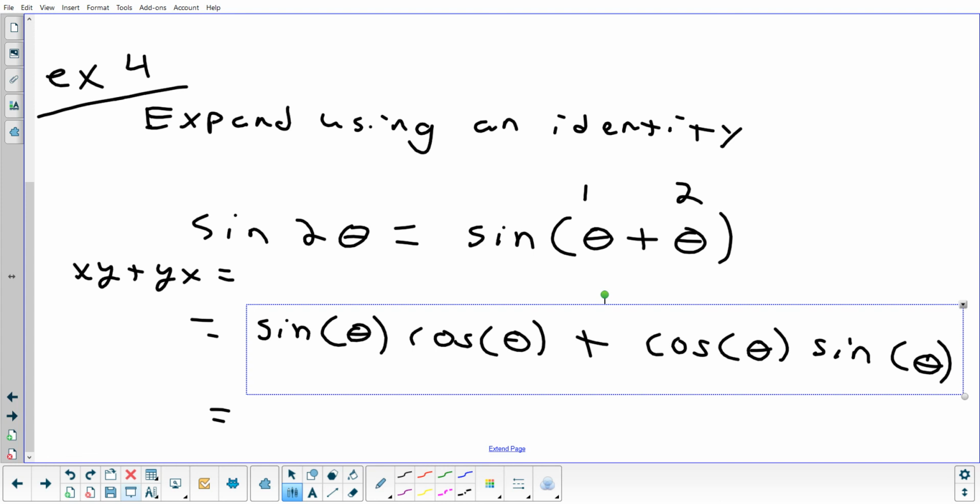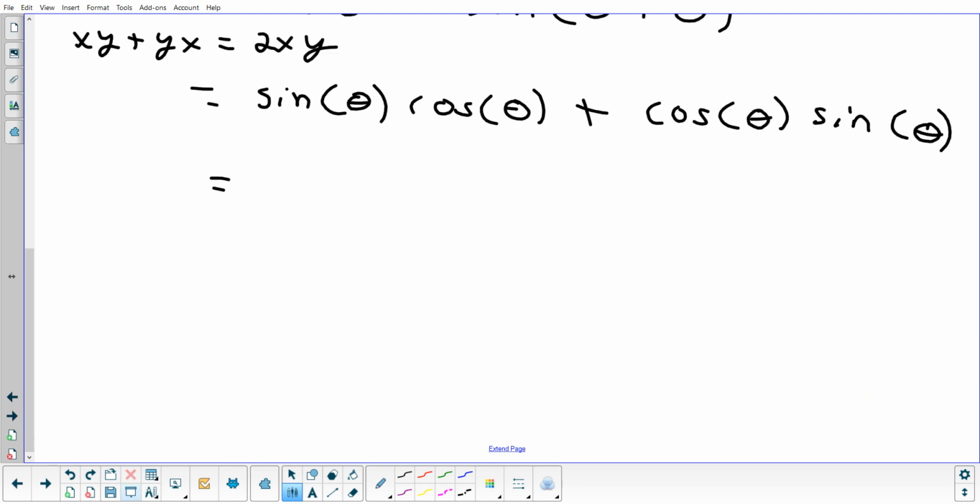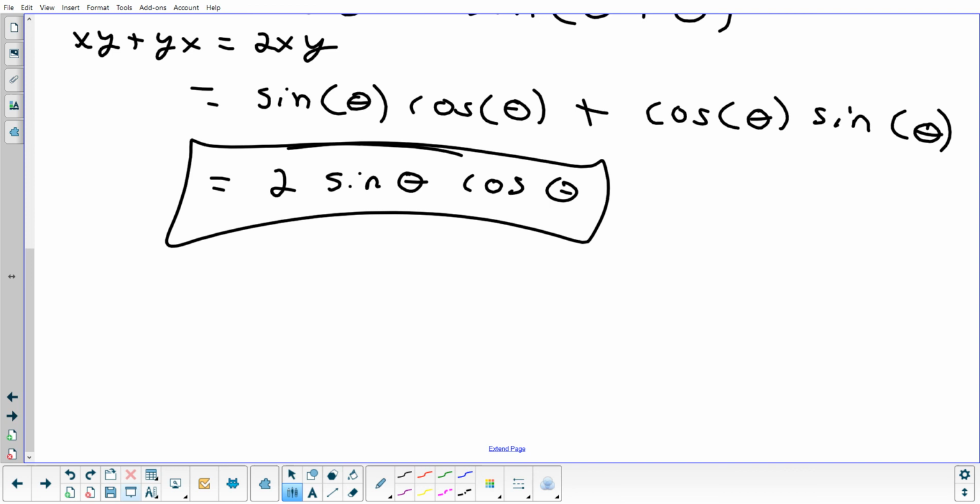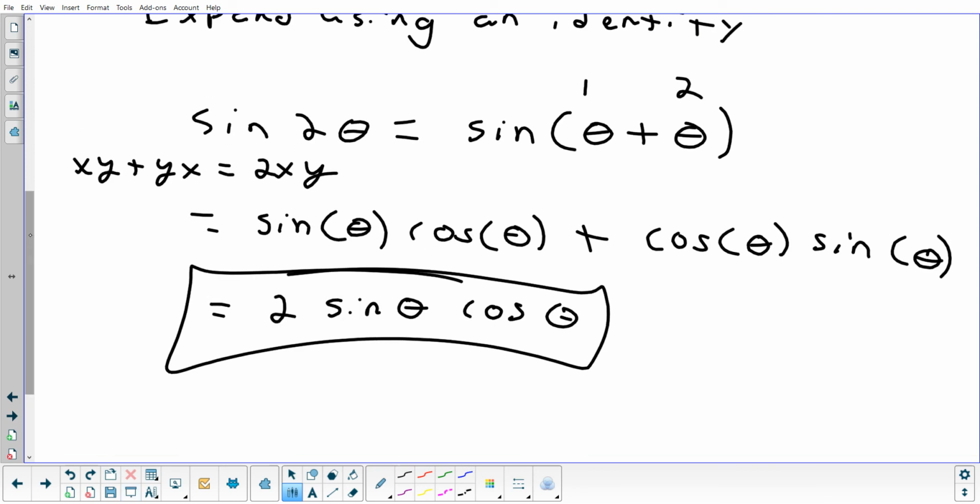What would that really be? Yeah? 2xy. That would be 2xy. Yeah. So what do you think this is? Nick? 2 sine times cosine. Exactly. 2 sine times cosine. And that is what we call the double angle identity for sine.